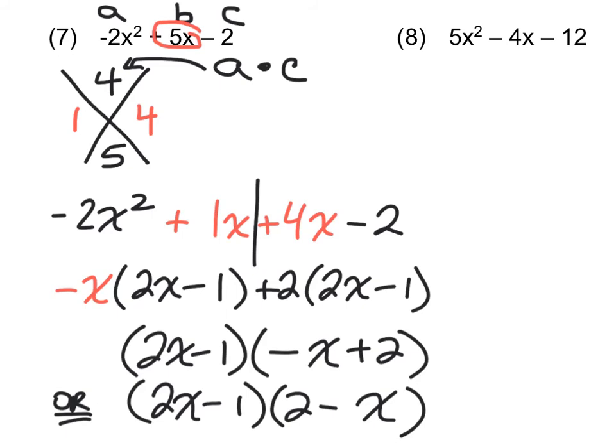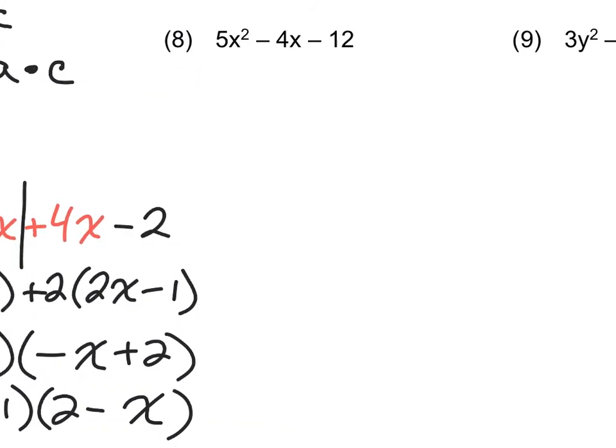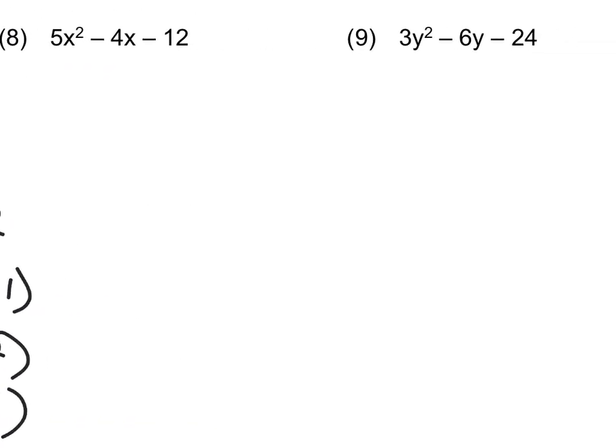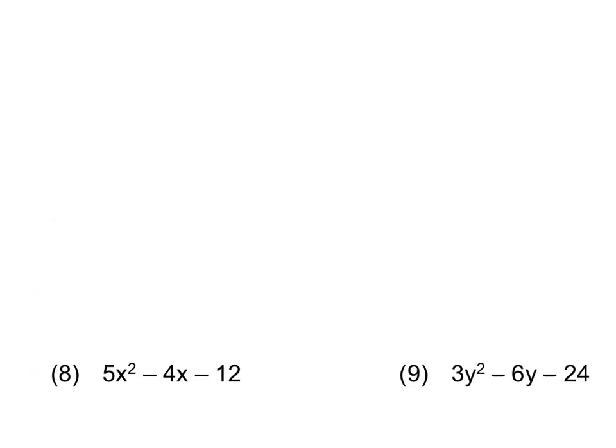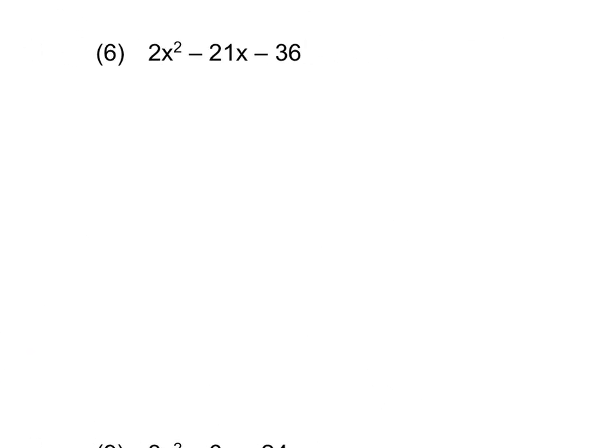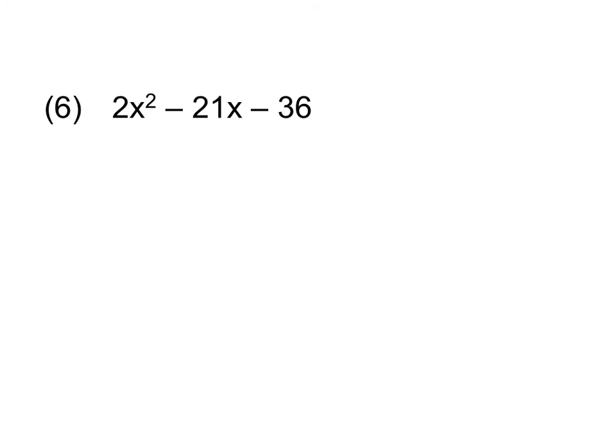All right, so let's do one more. What about number 6? Yeah, number 6 looks good. All right, so again, A times C goes on the top. So A, B, C. So 2 times negative 36 would be what? 72.